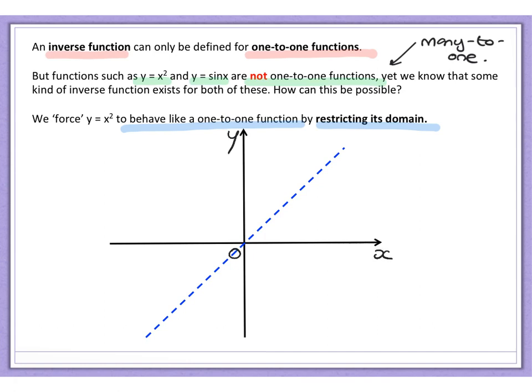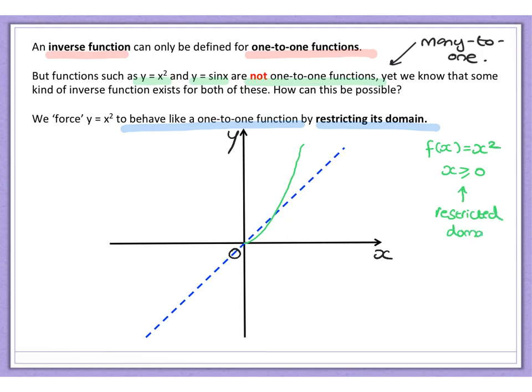And what I'm going to do is draw on the function f of x equals x squared in green. Here it is. And I'm going to identify this function so that it only exists for x greater than or equal to 0. So here we have what is called a restricted domain.